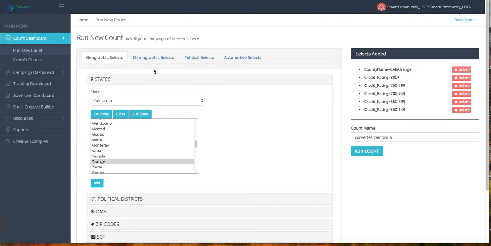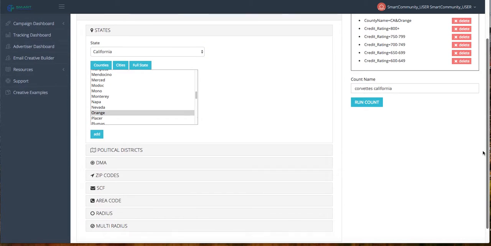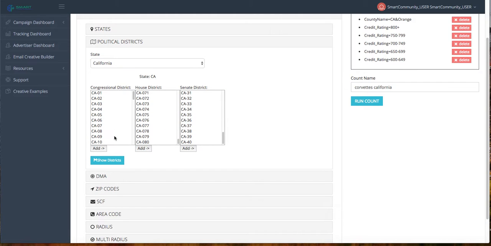All right. So this dashboard, when you're looking at it, has geographic selects, which allows us to go to any state, any county, any city within that state. We can also do political districts, which are pretty incredible, because when you look at this, Tim, we've got congressional, House, and Senate districts all divided by every state.